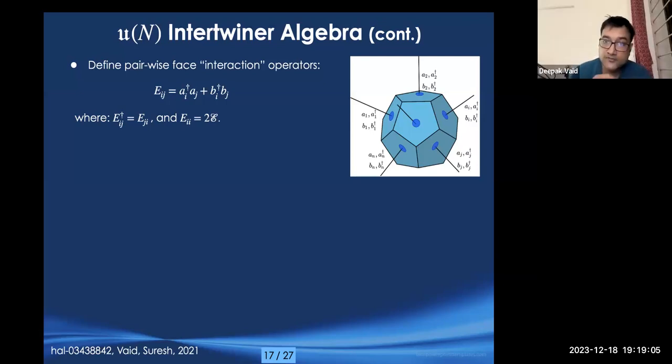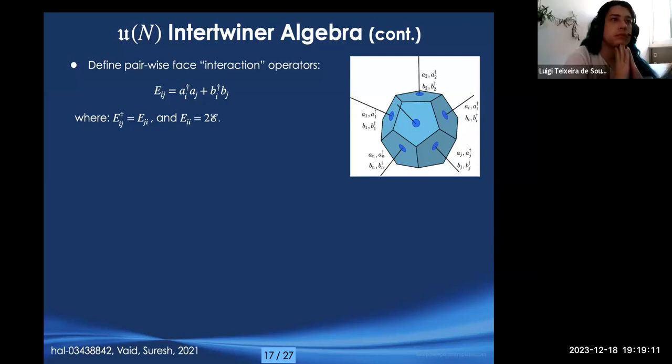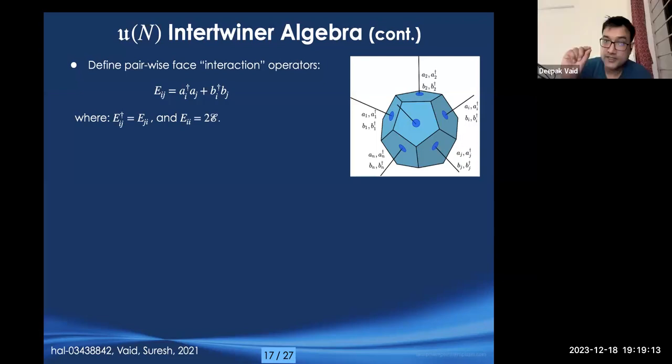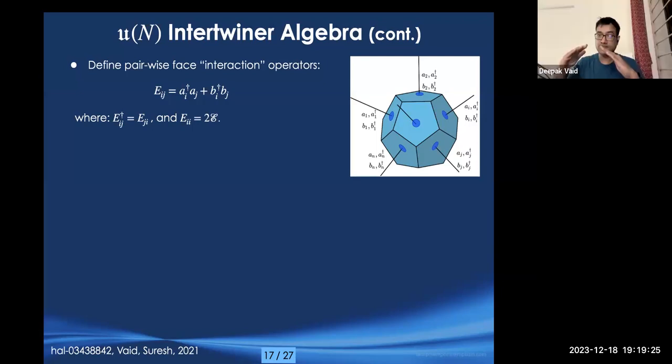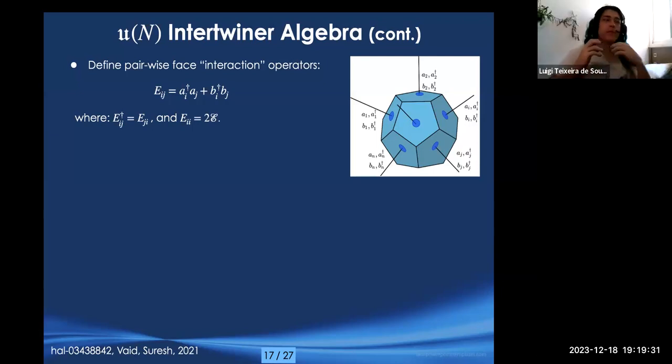So this first term, for instance, A_i dagger A_j, is a hopping term which is destroying an excitation on the jth face and creating an excitation on the ith face. So it's like you have two faces. The area of this face is shrinking, and the area of this face is growing. I understood.